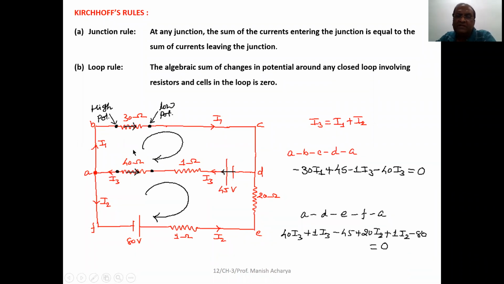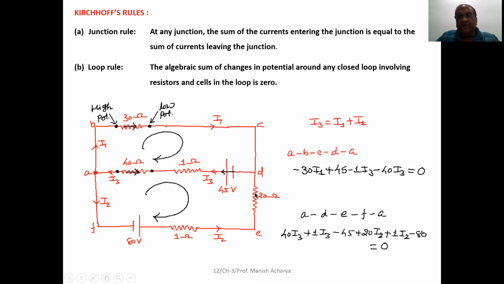So take the potential difference 40 I3 across this 40 ohm resistor as positive. Again, through the 1 ohm resistor, you are moving in the opposite direction of the current. So again take the potential difference 1 I3 as positive. Then through this battery, you are moving from the positive terminal to the negative terminal of the battery. So the potential difference you have to take negative, minus 45.